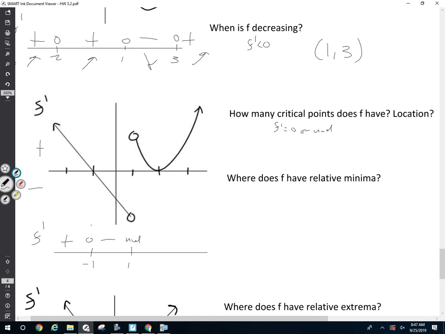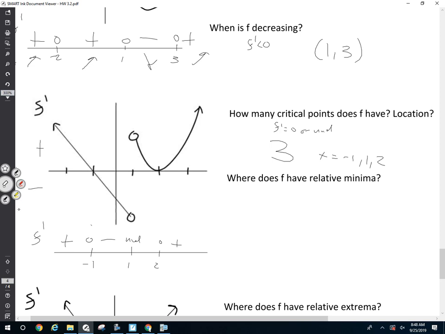But we jump from negative f prime values to positive f prime values after 1, from 1 to 2. So I go from negatives to positives, and then at 2 I have another 0, and I go back to being positive. I have 1, 2, 3 critical points: -1, 1, and 2.